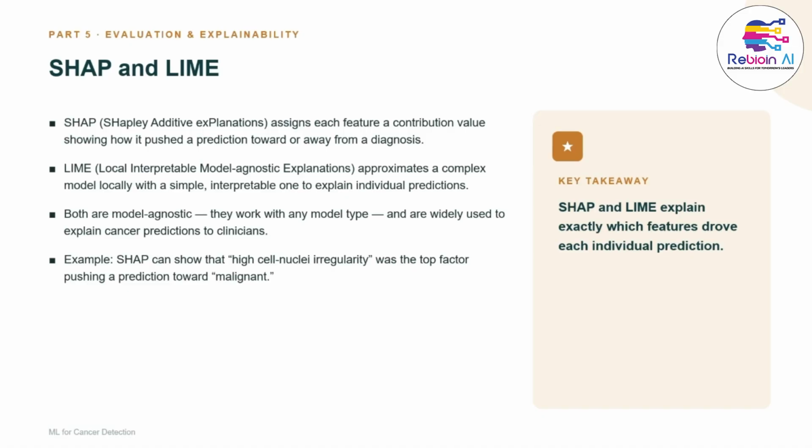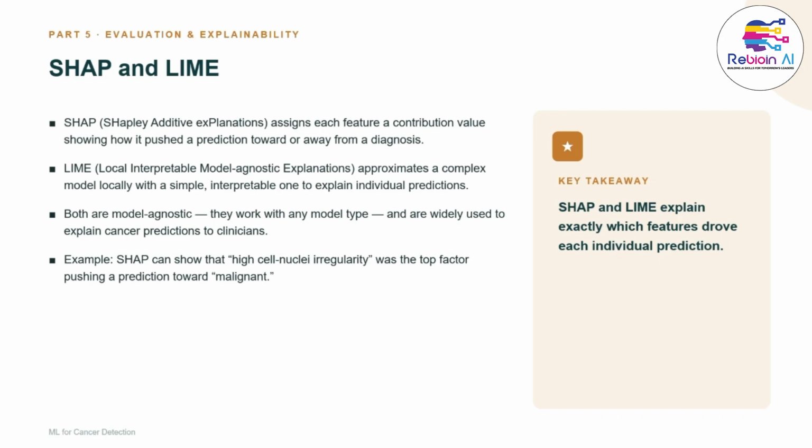SHAP and LIME are the two most widely used tools for actually implementing explainability. SHAP, that is Shapley Additive Explanations, borrows an idea from game theory to assign each feature a contribution score for a specific prediction. That is, how much did this feature push the prediction toward malignant or away from it?